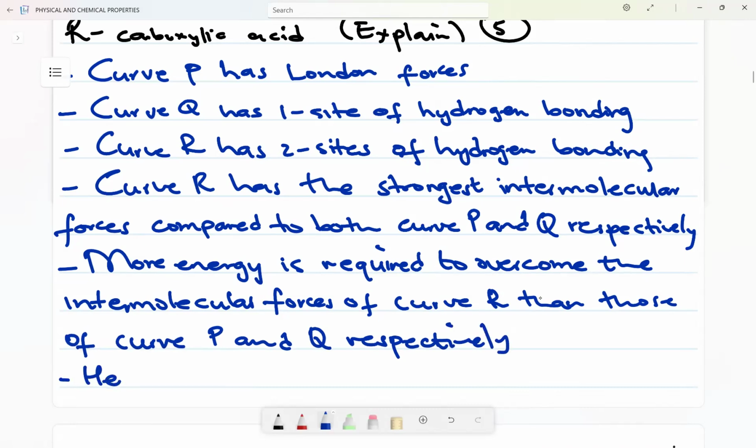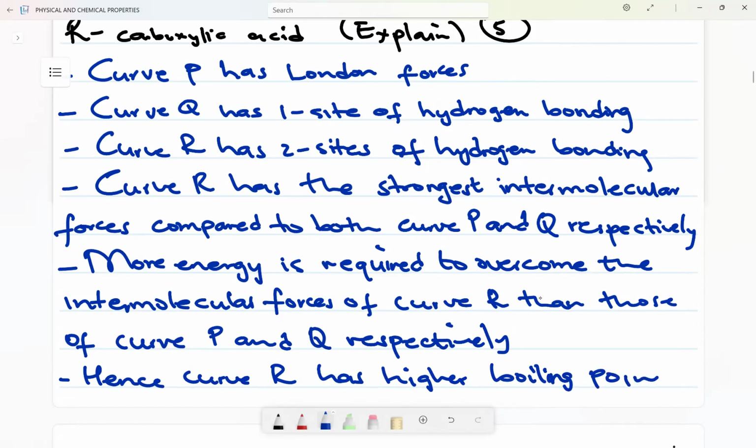Therefore, hence, Kev R has a higher boiling point. Now, this is me being in a position of telling the examiner that I know exactly what you mean.